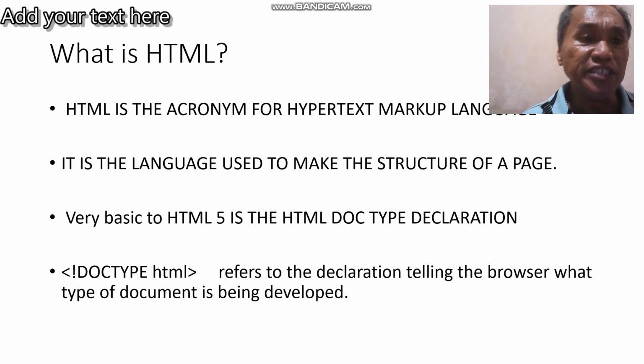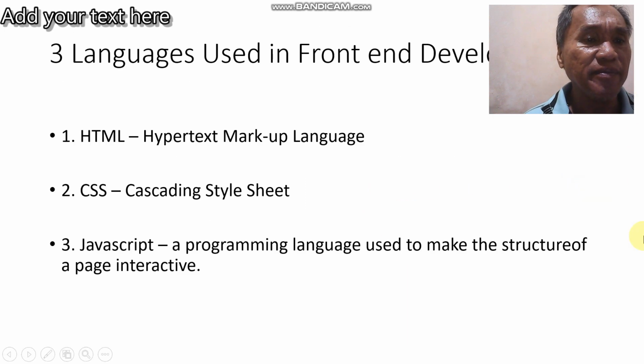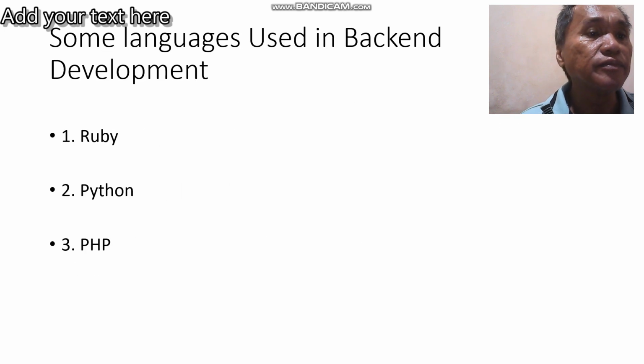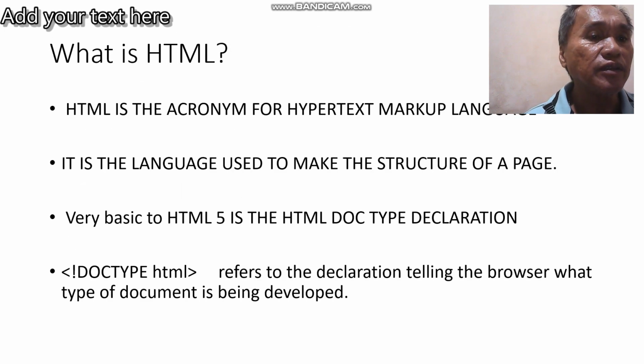Now, very basic to HTML5. When we say HTML, we have the standard used, which is HTML5. It is the HTML doctype declaration. So what is this HTML doctype declaration?